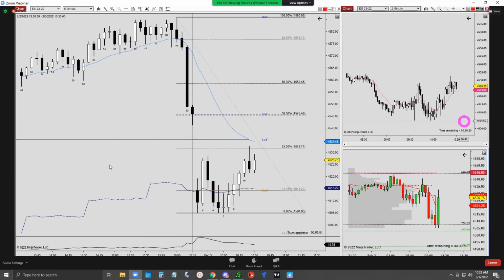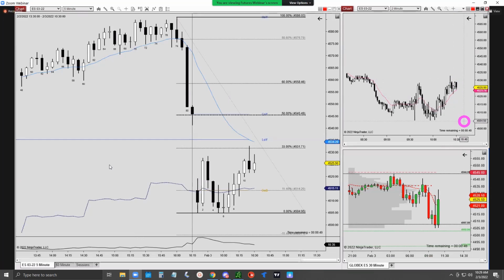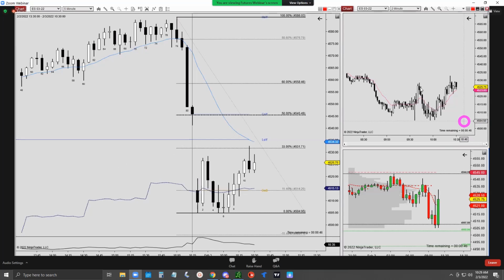Now let's see if the bulls can actually break out. The EMA is still the target, but they need to close this bar body higher than the open of bar 11.